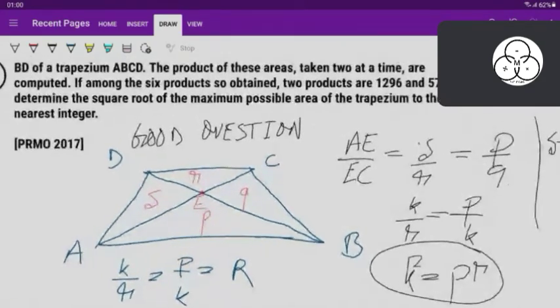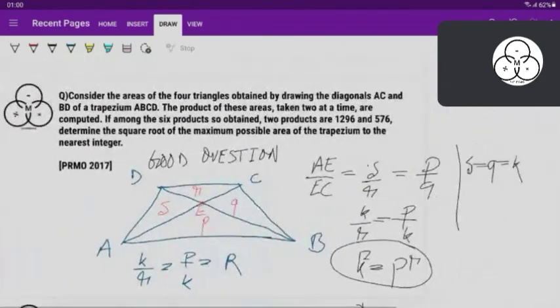The areas 1296 and 576, suppose, are formed by the product of any of these P, Q, R, S taken two at a time. So if the product itself is formed with the minimum quantities, then when we take the larger quantities, we'll get the largest number.